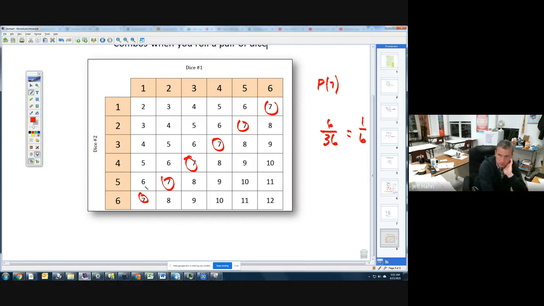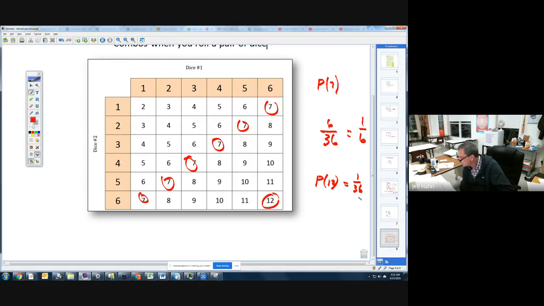Whereas what's your probability of rolling a 12? There's only one of them, so it's just 1 out of 36. You don't get double 6s very often, because that's the only combination that will give you a 12. But refer to this table if they ask you about it. I probably gave it to you for your notes under probability.